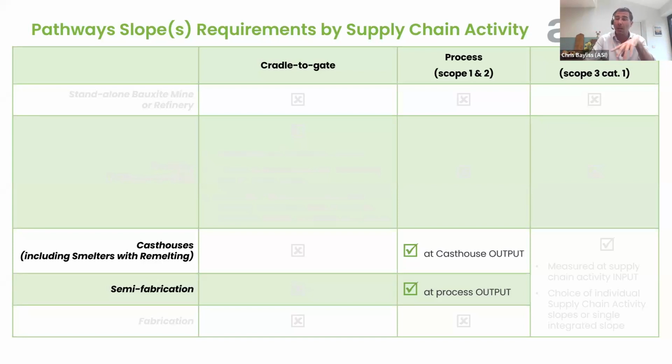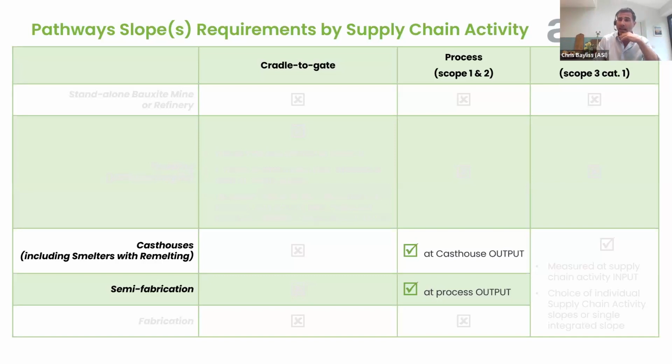For semis, it's going to be different because, of course, your procured metal through the semis process produces output product, but it also produces scrap. So we're not measuring the output product intensity, we're measuring the intensity of the input, the slabs, the billet, averaged across the whole of the certification scope.